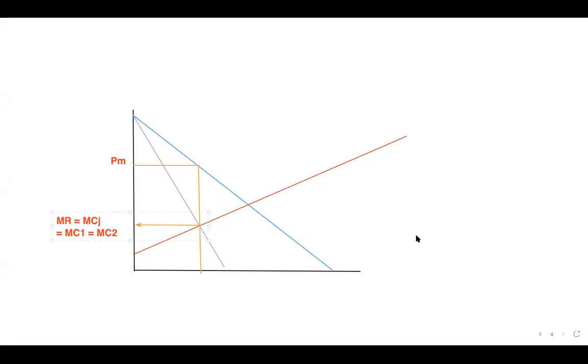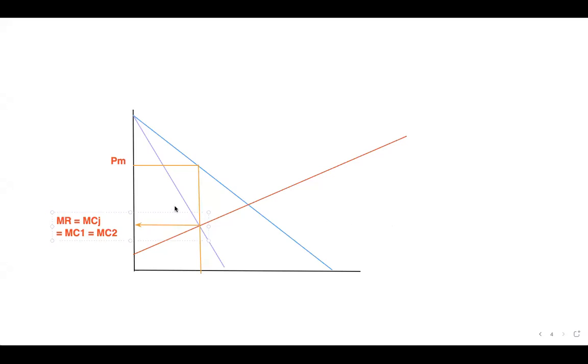So we're discussing the cartel monopoly problem, and really the focus of your question is, how do I know how much output in general the members of the cartel produce?